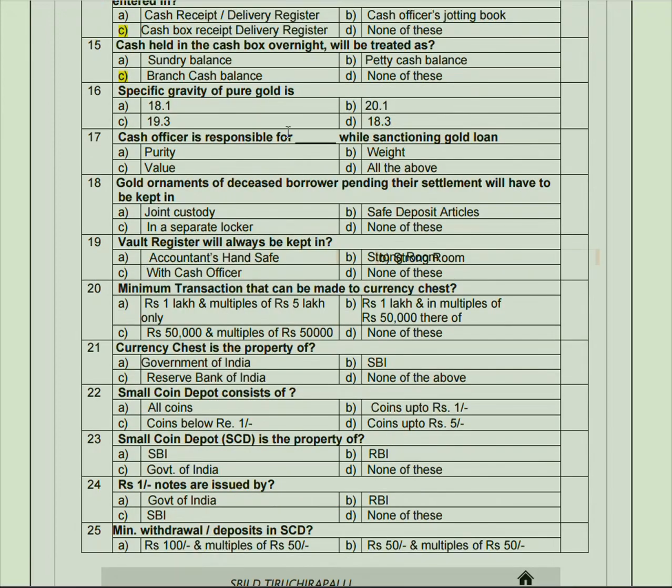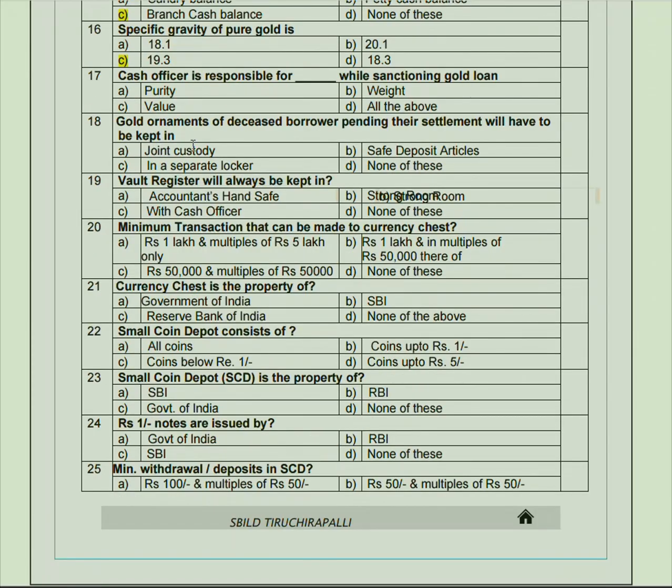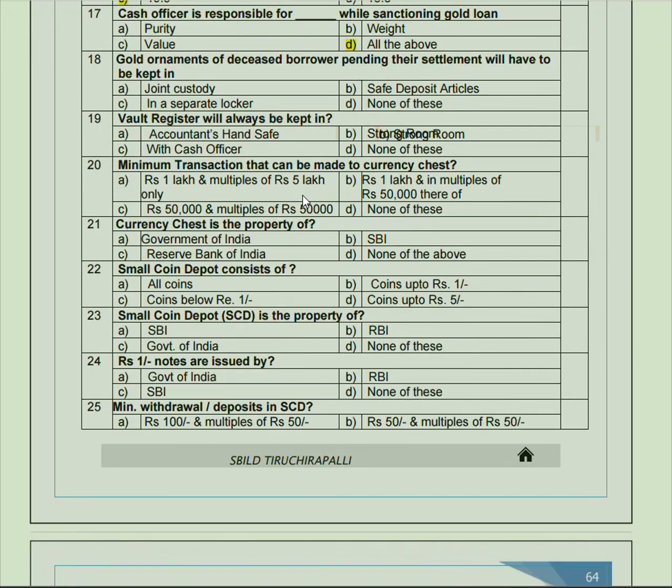Specific gravity of pure gold, it is 19.3. Cash officer is responsible for it, all of the above. He is responsible for purity, weight, and value of the gold. 18. Gold ornaments of deceased borrower pending their settlement will have to be kept in.